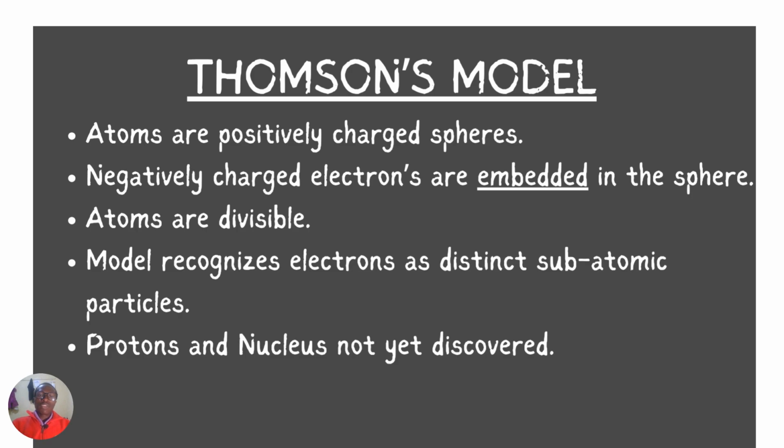He also said that atoms are divisible. Of course, this comes from the fact that the electrons are distinct. It recognized that electrons are distinct subatomic particles. And at that time, one of the weaknesses is that protons and the nucleus were not yet discovered. So after some good years of service, Thomson's model was replaced by Rutherford's model.